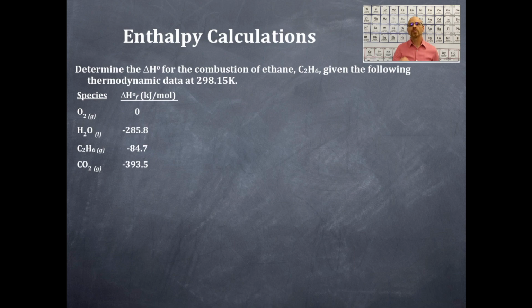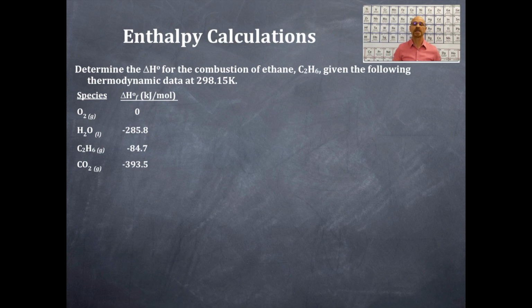So make sure that you pay attention to the state of matter when you are looking at this table, because some of the values are very close, but the state of matter does make a difference. And then we have ethane, C2H6, that's a gas, at negative 84.7 kilojoules per mole for the change in enthalpy under standard conditions.